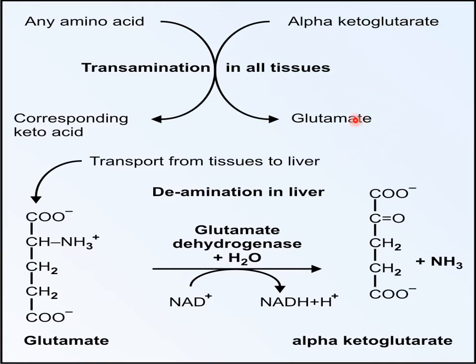This occurs in the cytoplasm of all the tissues of the body, and then this glutamic acid is transported to the liver, where it undergoes oxidative deamination and forms alpha ketoglutarate by glutamate dehydrogenase. So this is the transdeamination reaction, a coupled reaction in which there is first transamination followed by oxidative deamination.